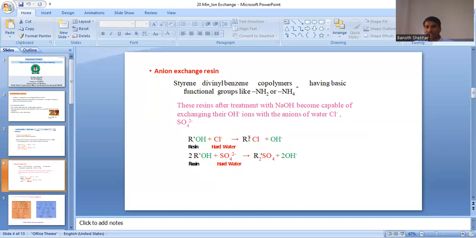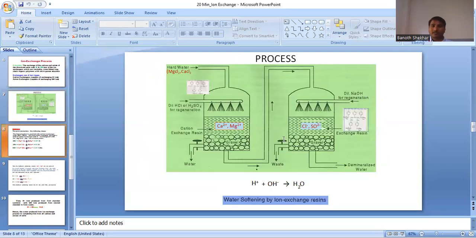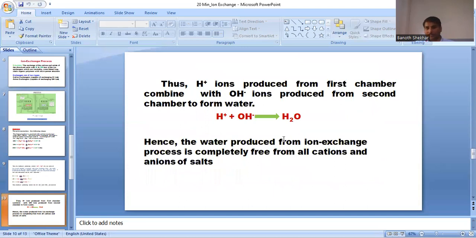After the reaction, they are bound with the resins and the free form of OH minus is released. That H plus from the cation and the OH minus from the anions combine and produce the best drinking water, that is nothing but our H2O.